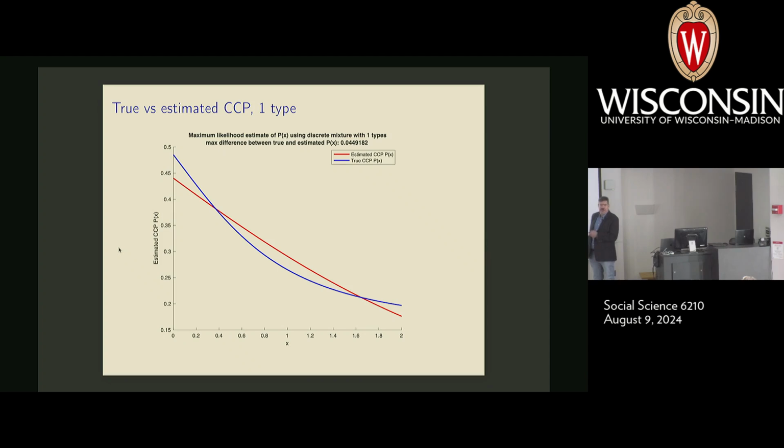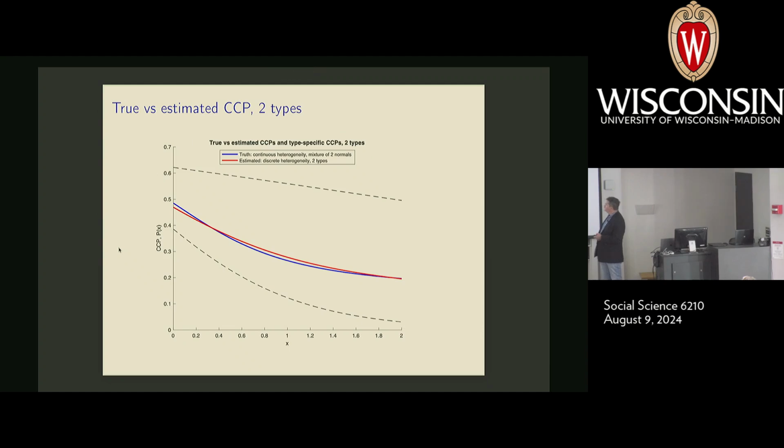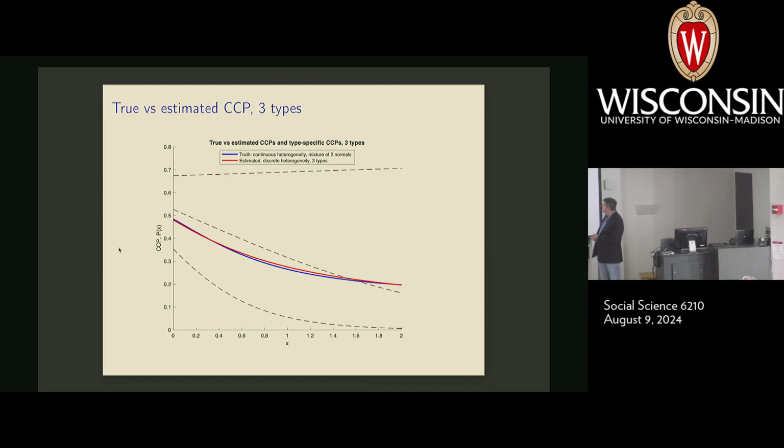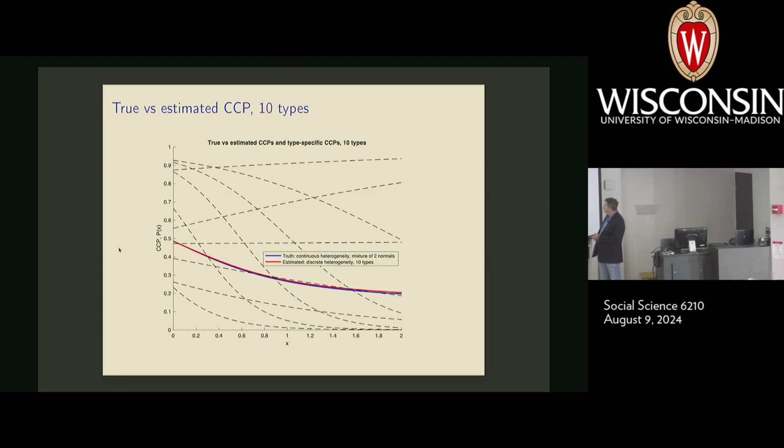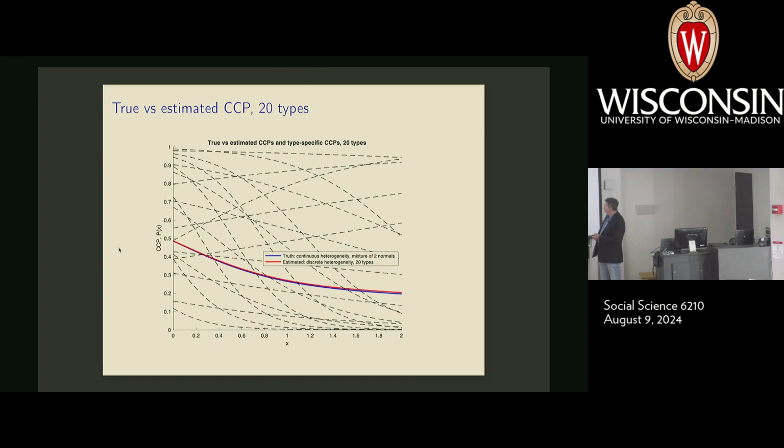There's noisy data, yet the curve looks really smooth, right? Because it's logit, it's parametric. Now here's 2 types. It's not quite nailing it as it did last time, but it's taking a convex combination of these two logits. Now we go to 3, 4, 5, and now we're almost dead on. 10, 20, and look, we're almost dead on.